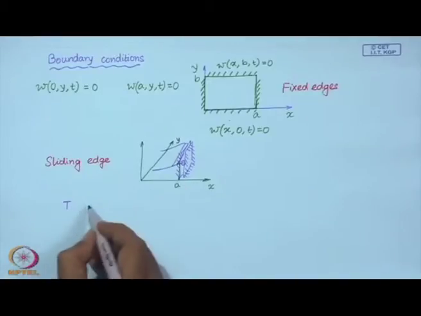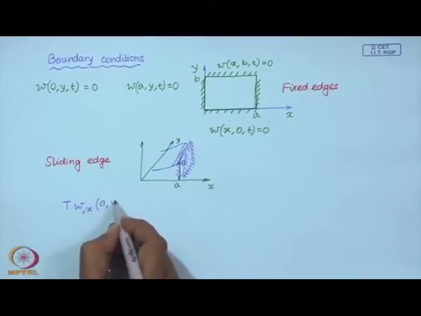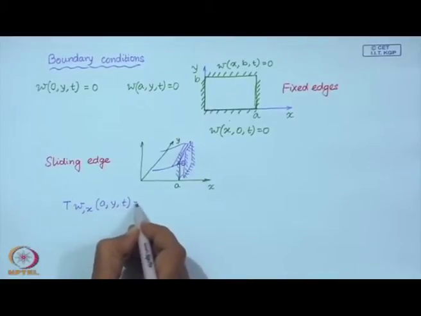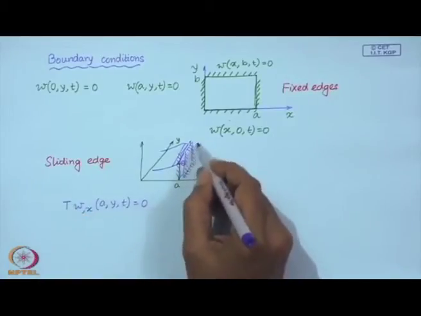So, tension times the force per unit length times the slope, that must be 0.